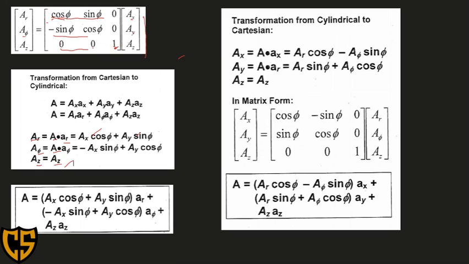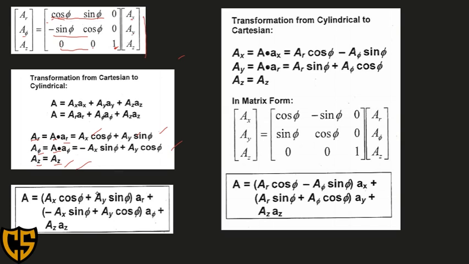So let us continue lang. So kung magkuha na kita sa transformation of vectors from Cartesian to cylindrical, so ang himuon naton is i-add lang naton ang aton nga ar, aton a phi kag ang aton nga az.